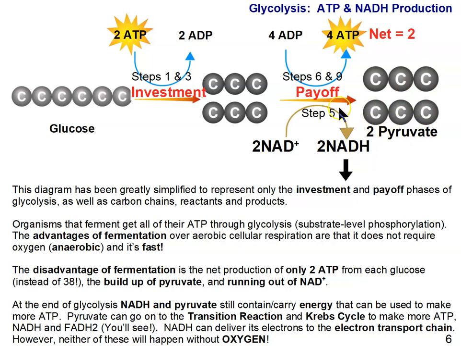All the electrons from all the processes are delivered to the electron transport chain, and that's where most of the ATP is made. So if oxygen, then on to the transition reaction and the Krebs cycle and the electron transport chain. Those are the aerobic parts of aerobic cellular respiration. And again, the NADH, the electrons are going to go on to the electron transport chain if there's oxygen. So if there's oxygen, there's plenty more energy to be had.